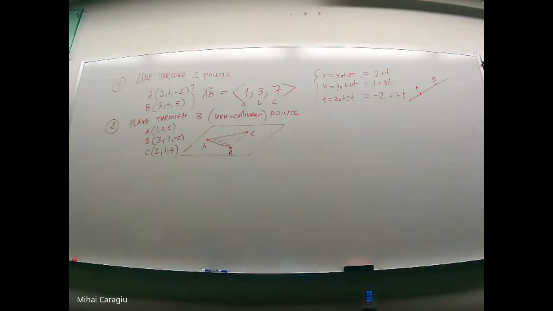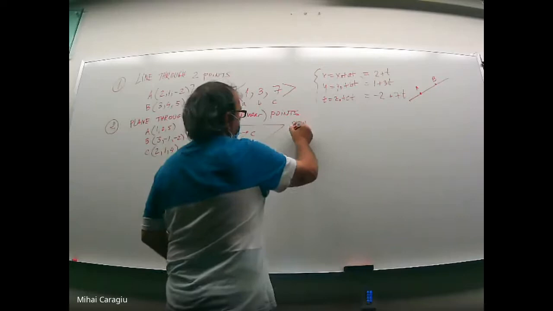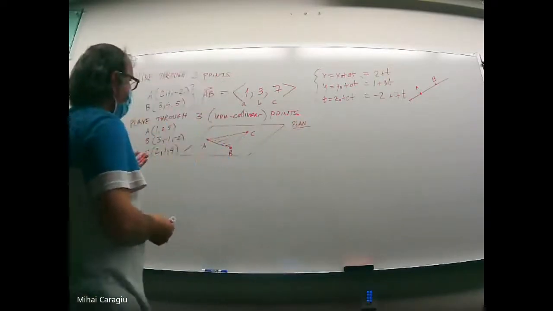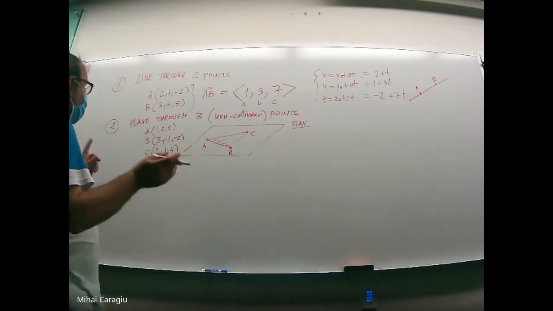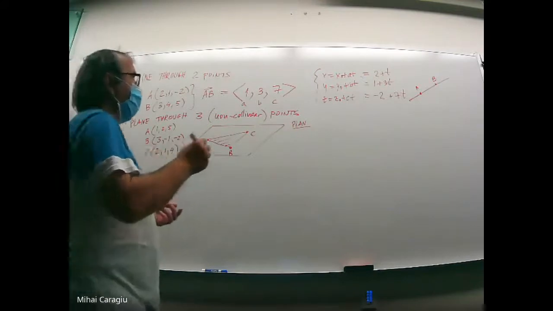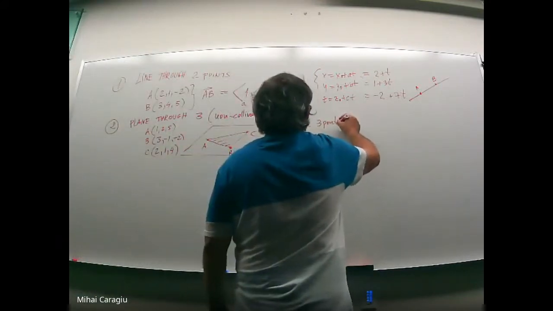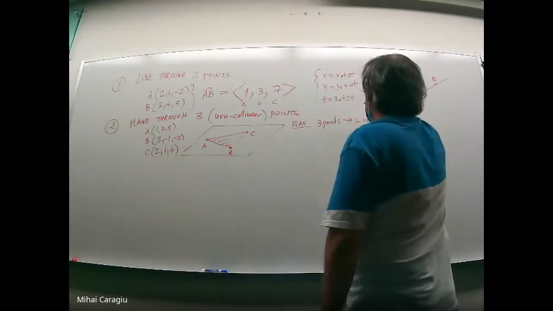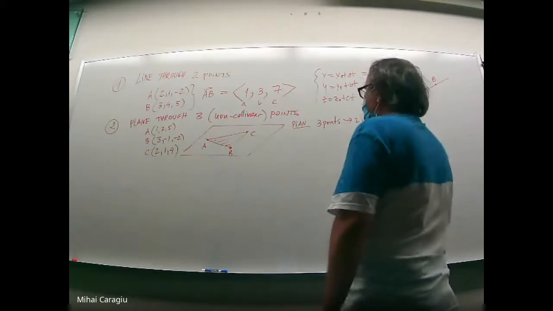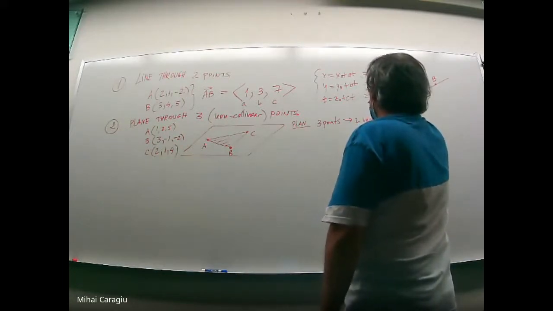What's the plan for this type of problem? From the given data, 3 points, we go by subtracting final minus initial to get 2 vectors. So those 2 vectors will be vector AB and vector AC.